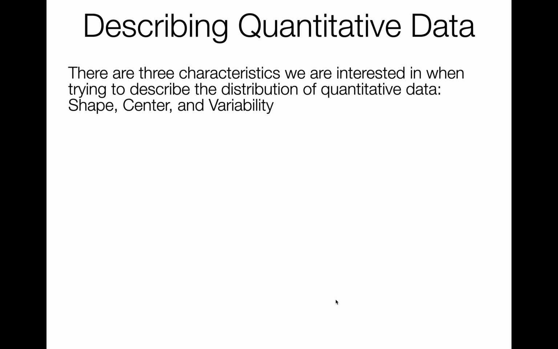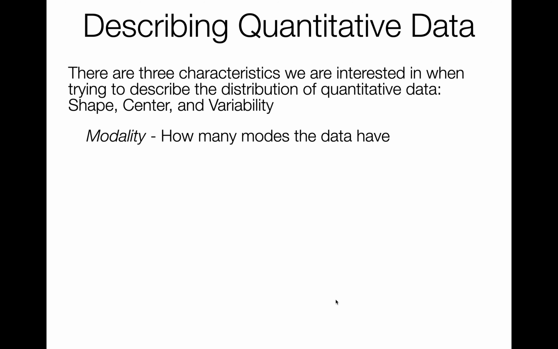I can talk about the shape of quantitative data. I can talk about a usual or typical value of quantitative data. That's what I mean by center. And then I can talk about how spread out the data are, and that I'm going to call variability. So let's first get into shape.